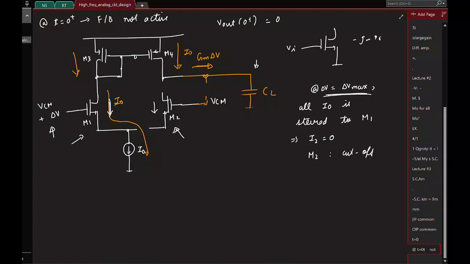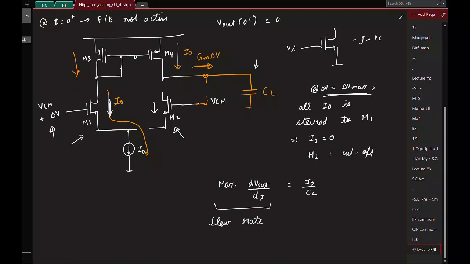Okay, so what is the maximum current with which this OTA can charge our capacitor? I naught. So what is the maximum dV out by dt? I naught by CL. Okay, fine. So this maximum slope has a jargon, it's called slew rate.